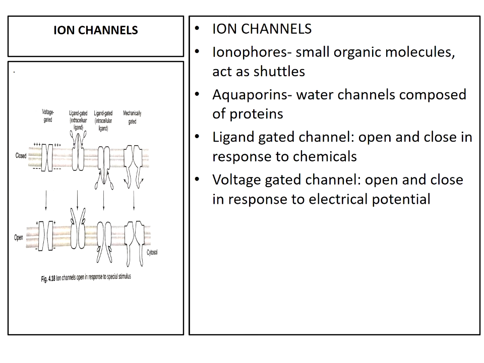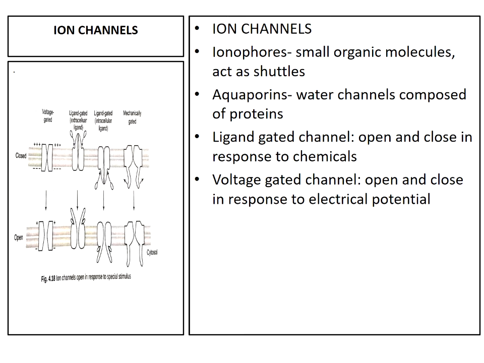So this helps in the movement of certain ions. And the second one is the aquaporins. As the name indicates, aqua means water. These aquaporins provide channels for the rapid movement of water molecules across the plasma membrane.